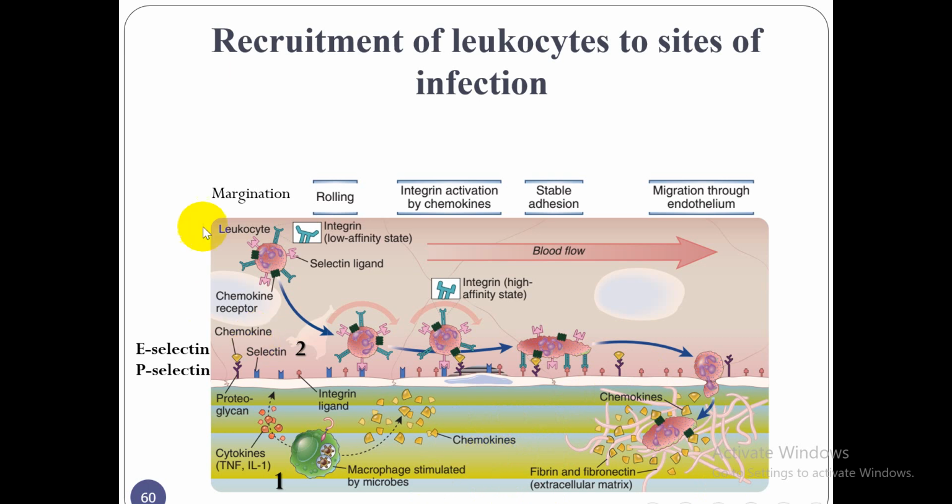The first one is margination. After the margination we have rolling, and this rolling is mediated by selectins. After that we have integrin activation by chemokines, and after converting integrin from low affinity state to high affinity state, we have stable adhesion of leukocytes to the endothelial cells. And finally we have the migration through endothelium to the site of the inflammation.